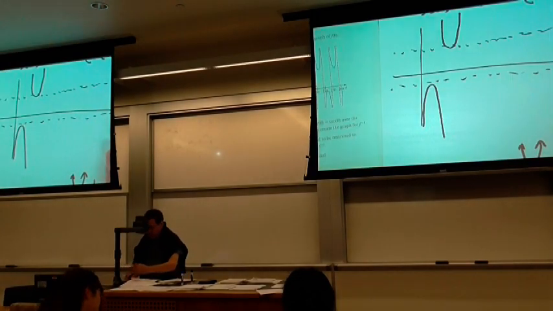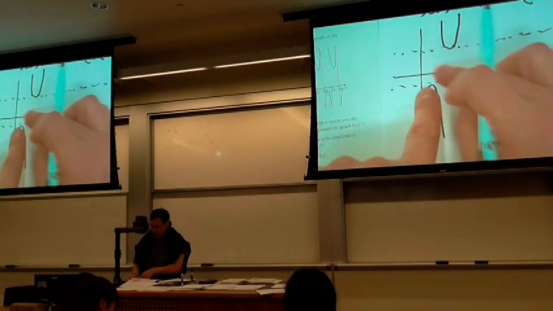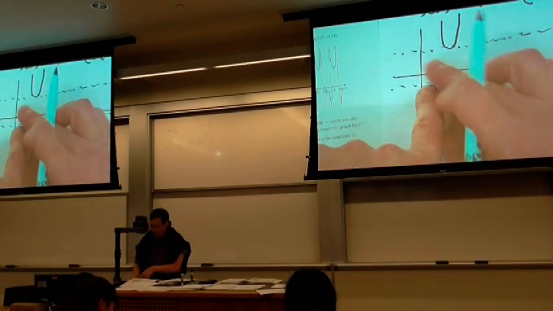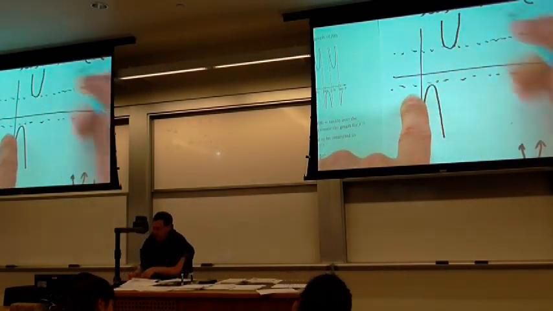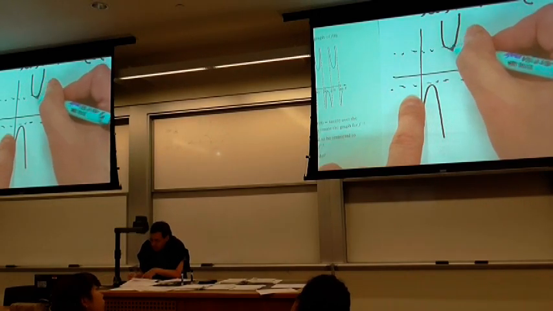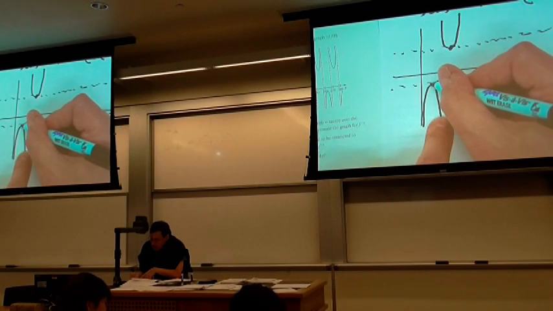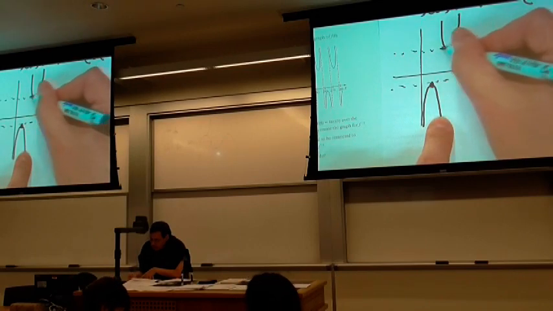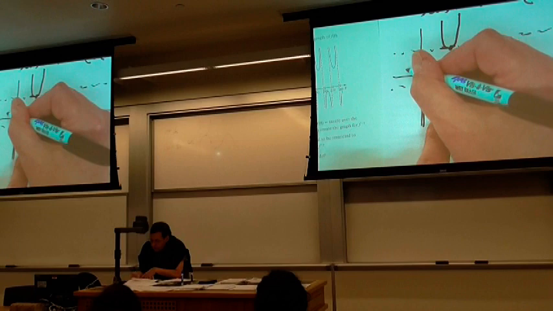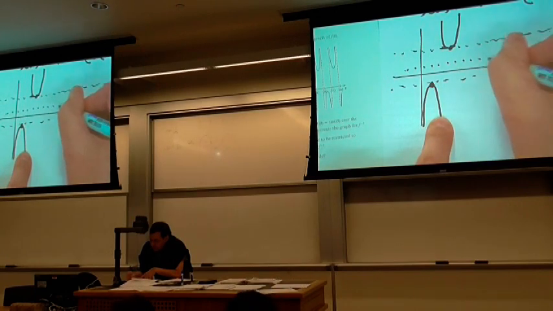The maximum is infinite, the minimum is infinite. But for cosecant and secant, there's this kind of an empty area, and we can look for the positive area for the minimum, and for the negative area, the maximum. And the midline, the D value, is going to be between them.